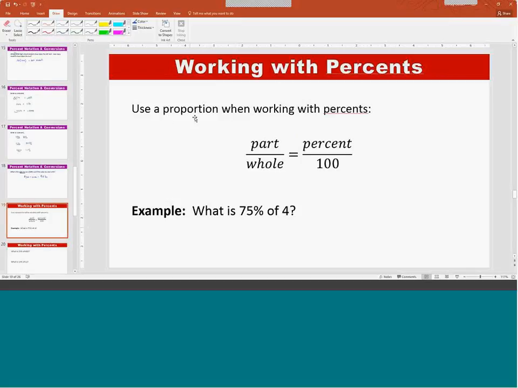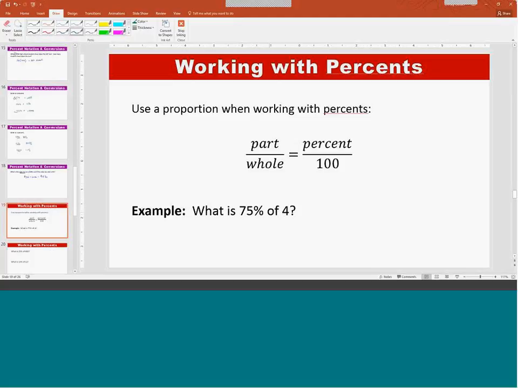Again, this proportion idea is going to help us tremendously when working with percents, because we're going to set up a proportion. We'll look at something like, what is 75% of 4? Now, these are more straightforward, and we will use the proportion when we don't know one or the other of these.